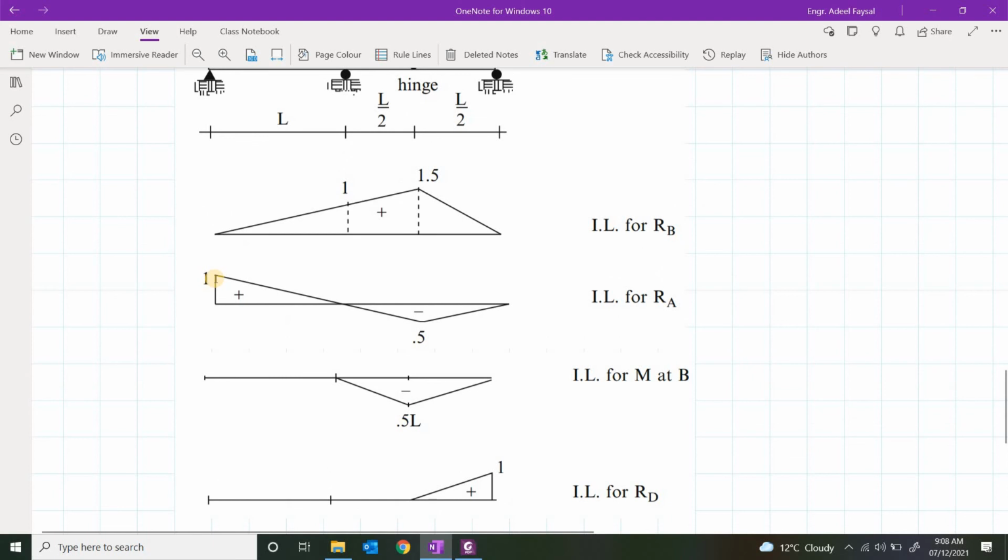Except RA, which is 1, because you're applying the load directly to the support at A, so all of the load reaction would be coming from that support, so that would be equal to 1. So whenever you have to draw the ILD for a certain reaction, when the load is exactly at that support point, you will get, of course, the unity value. All of the reaction would be produced from that.